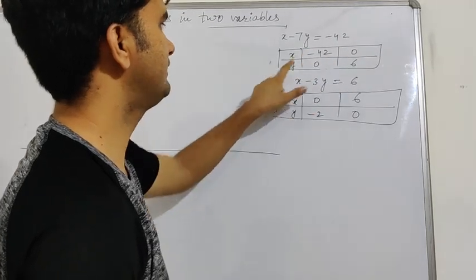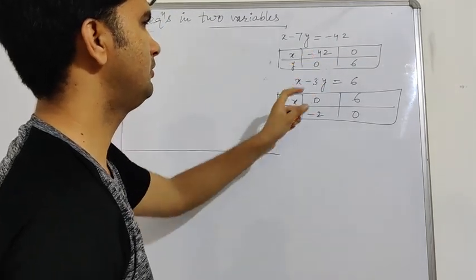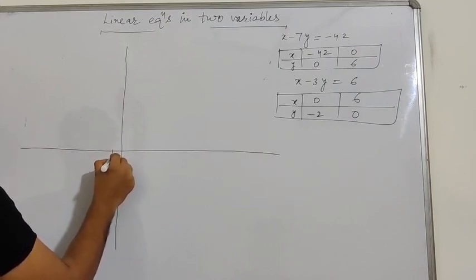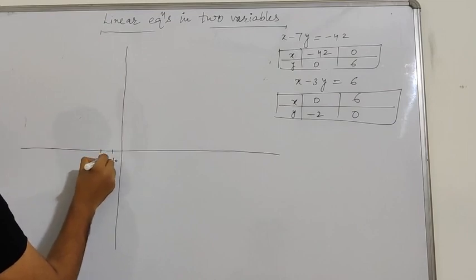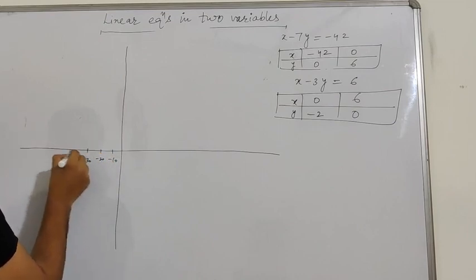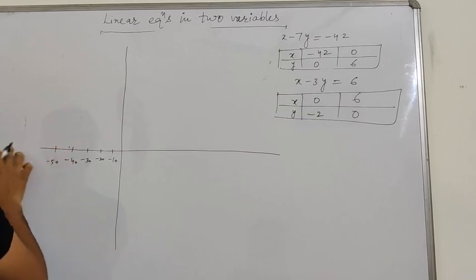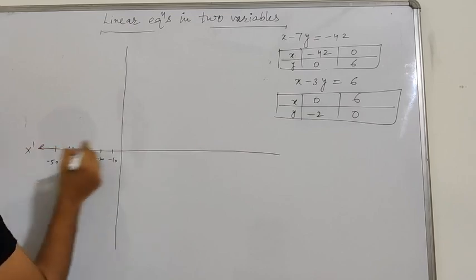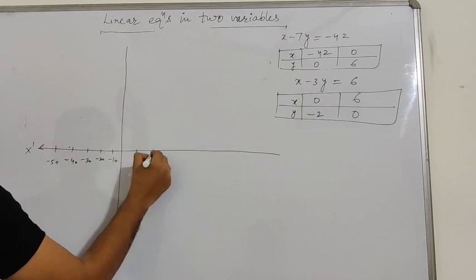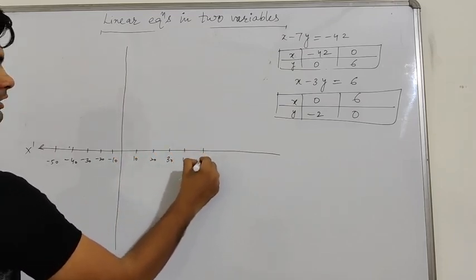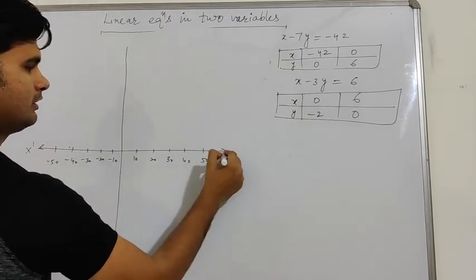The highest value of x is here minus 42, so we mark minus 10, minus 20, minus 30, minus 40, minus 50, and on the x dash side 10, 20, 30, 40, 50.